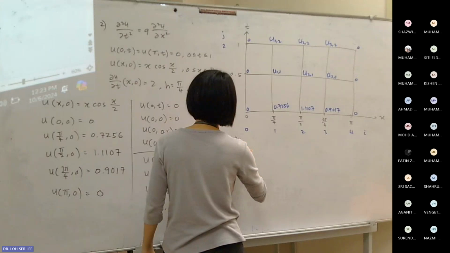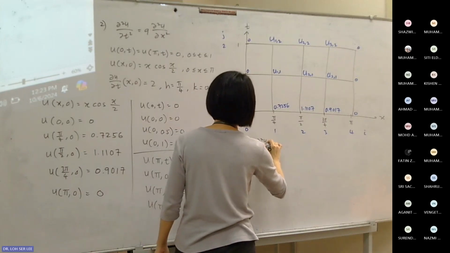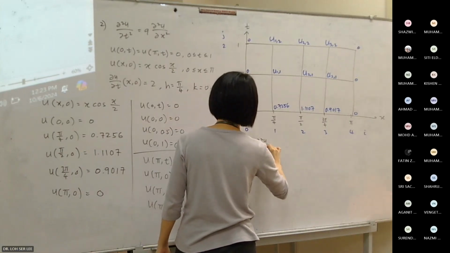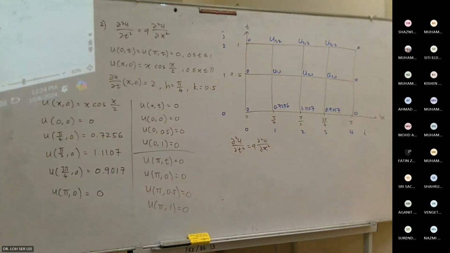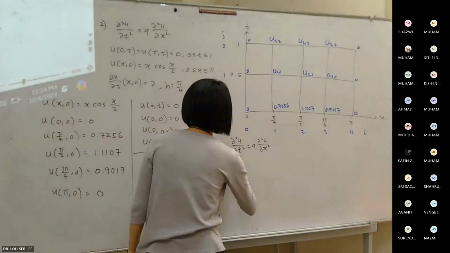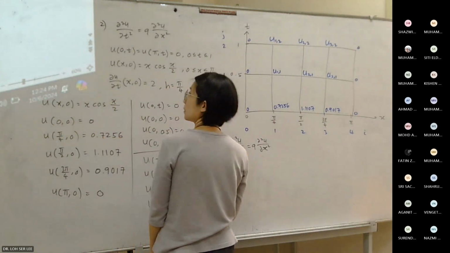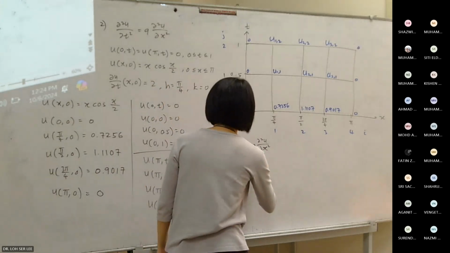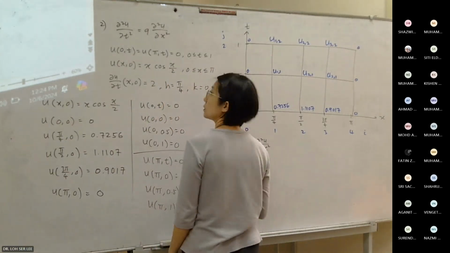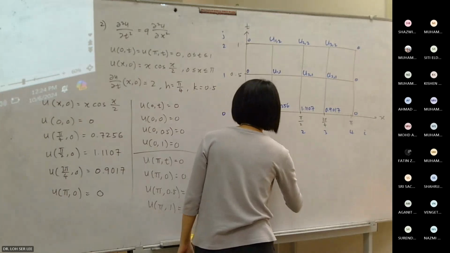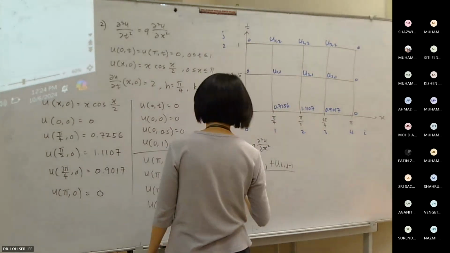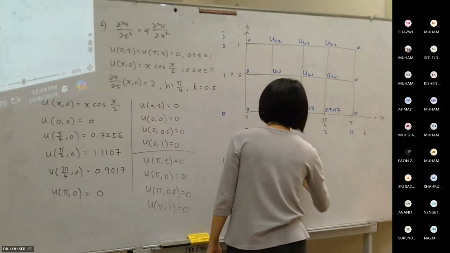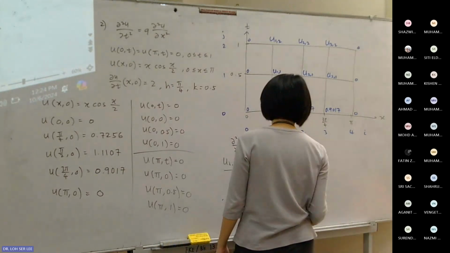So you have this one, del squared u over del x squared. Okay, so we use these two formulas.